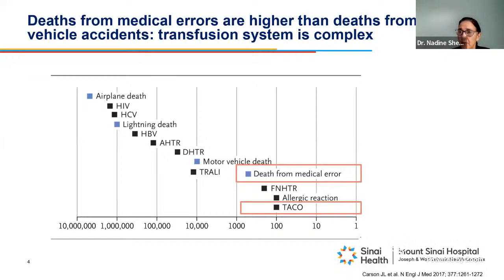However, deaths from medical errors are quite frequent, and more frequent, as you can see, than deaths from motor vehicle accidents, delayed type hemolytic transfusion reactions, and acute hemolytic transfusion reactions. I've highlighted below death from medical errors the deaths from TACO, which is transfusion-associated circulatory overload, and I'm going to consider that as a death from medical error.